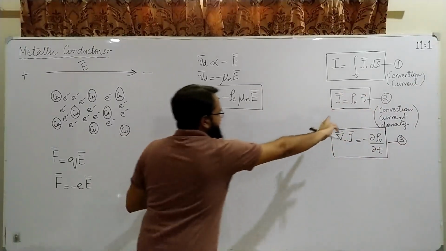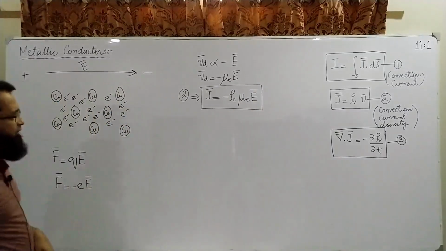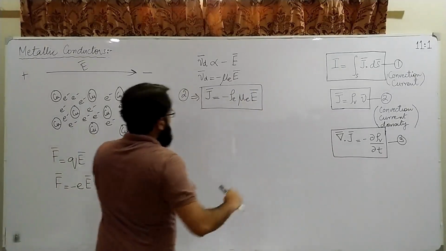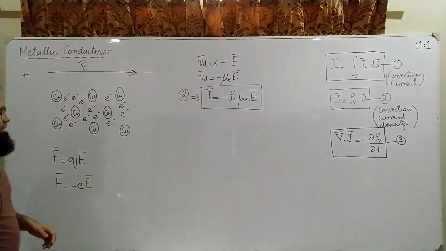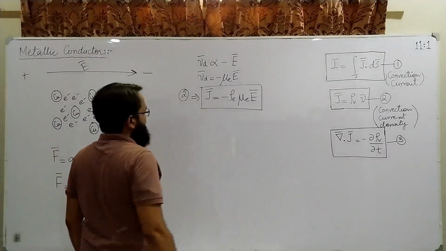It's possible, but it is more useful to talk in terms of electric field, not in terms of velocity. All right, because we are electrical engineers, so we'll try to convert everything wherever possible in terms of voltages and currents and electric fields and current densities and all.